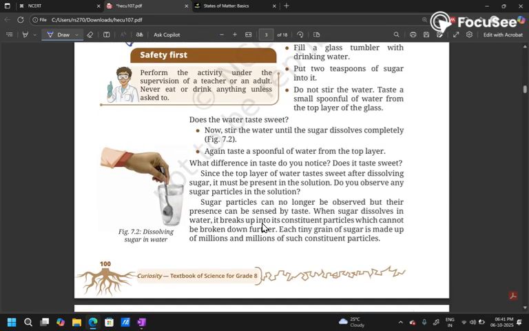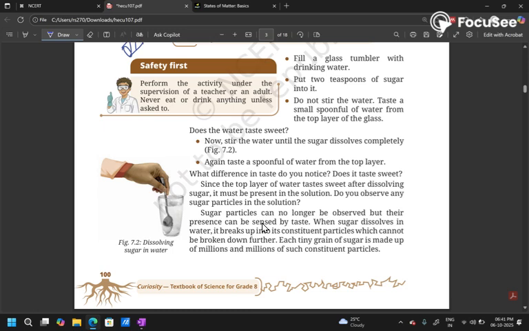So in this case, we will take a small glass and we'll take a glass of water, and then we'll just add a few tablespoons of sugar into the glass as shown in the figure here. Now, at first, according to this activity, we will not stir the contents of the glass.